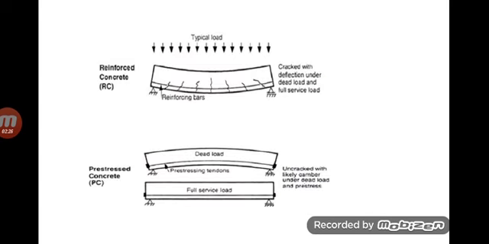See here, normally if you apply a typical load, this will be the bending of the reinforced concrete beam. If we apply pre-stressing force also, see the second figure, there will be a dead load and also the pre-stressing tendon. Then see the third figure, the beam will come to a normal straight position.